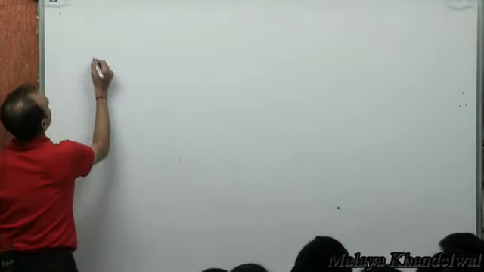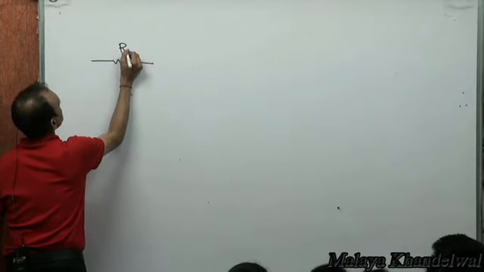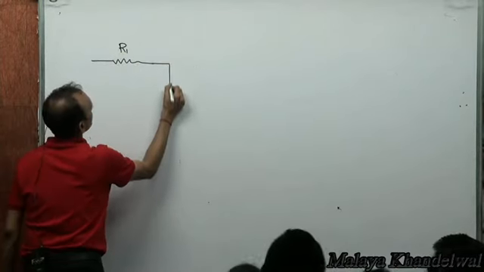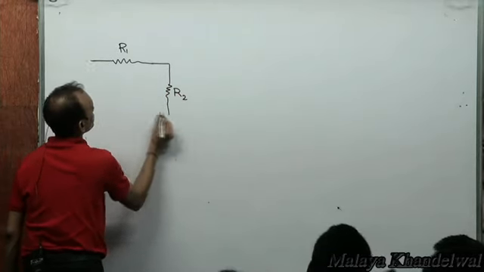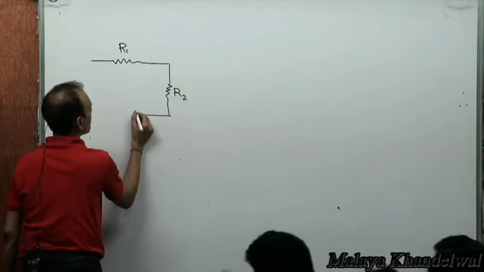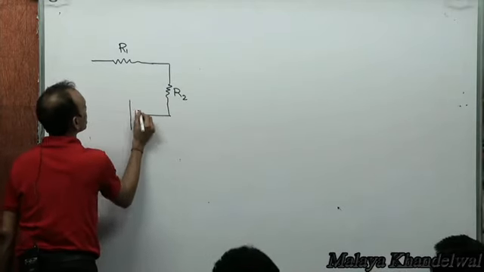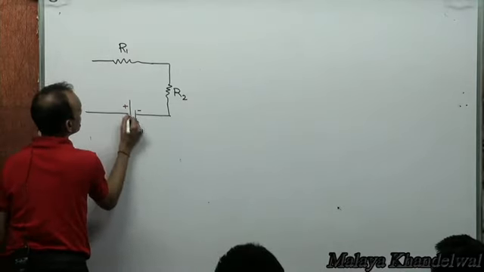For example, there is a resistance R1, there is a resistance R2, and a battery of EMF epsilon 1.